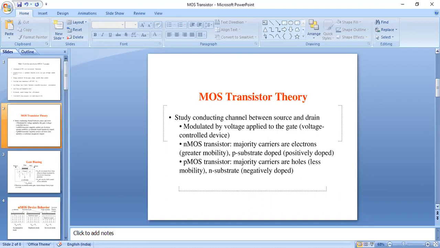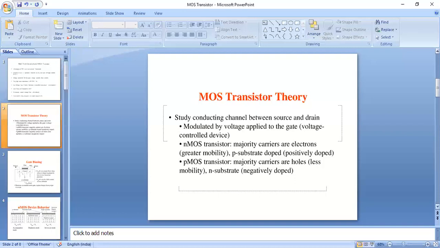This N substrate has two wells created in it, and the two wells are occupied with P type material to offer source and drain.